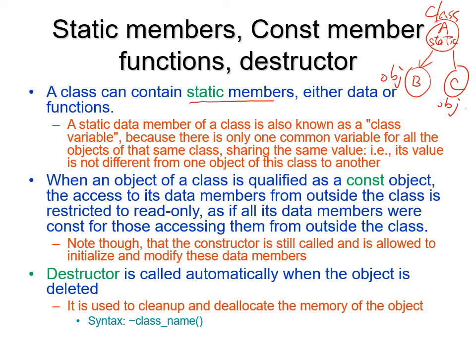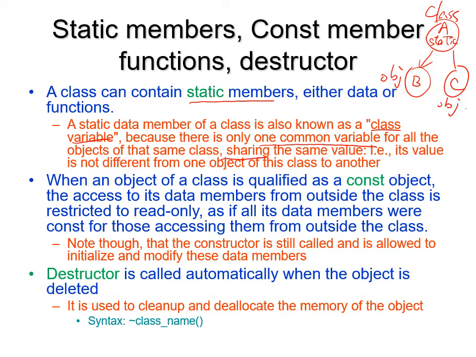We say that the static data member is known as a class variable. It has only one common variable for all the objects, and they share the same value. So if B changes the static variable, C will see the same change.